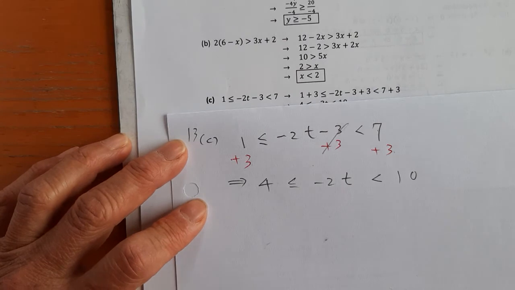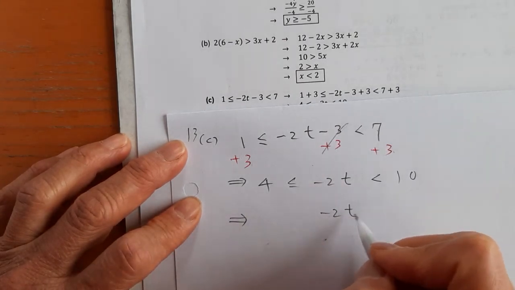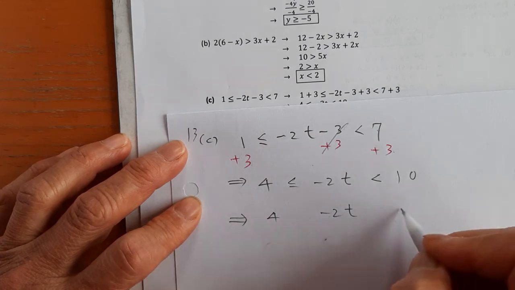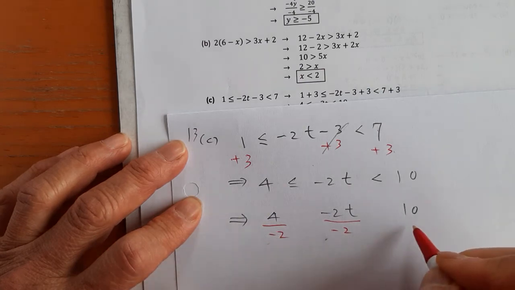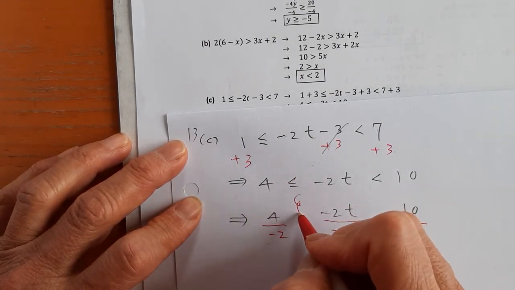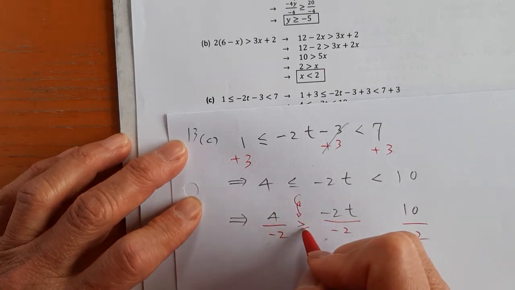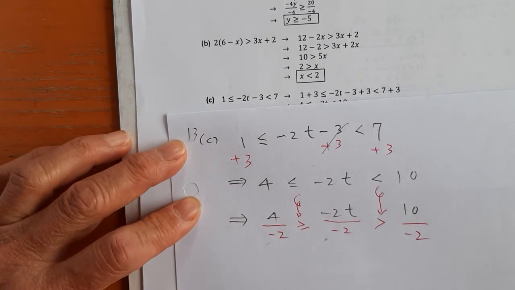Then we need to divide by -2 to isolate the t. So each term is divided by -2. When you divide by -2, this less than or equal has to change to greater than or equal. Less than has to change to greater than.